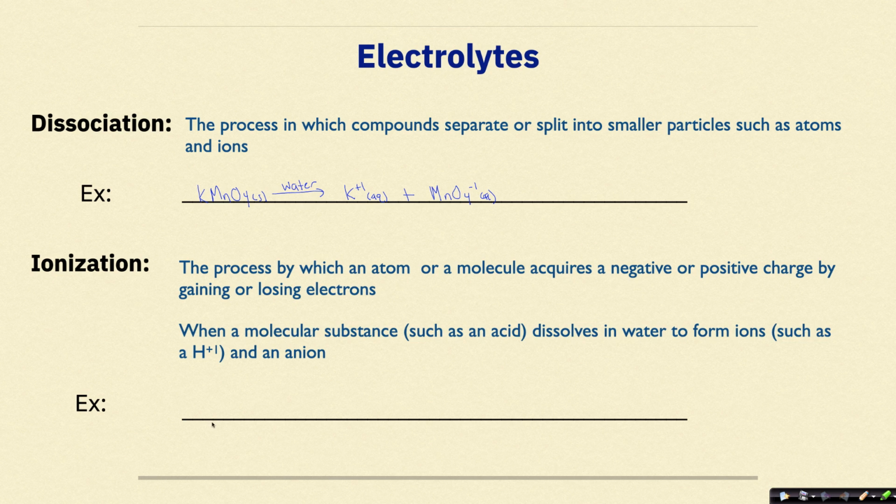An example of this might be when perchloric acid, HClO4, breaks down in water to fully ionize. So again, we have water, breaks down to form hydrogen ions and the perchlorate ion.